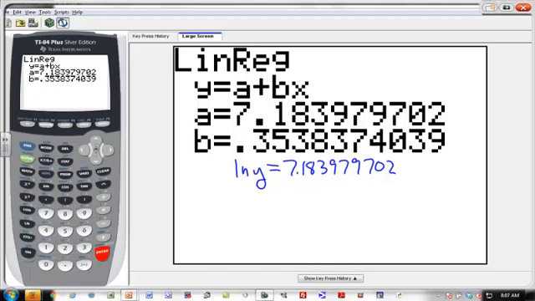So where I could usually say, round to 3 digits, round to 4 digits, not on this particular exercise. So this number plus 0.3538374039 times x. So that's the linear relationship between x and log y.